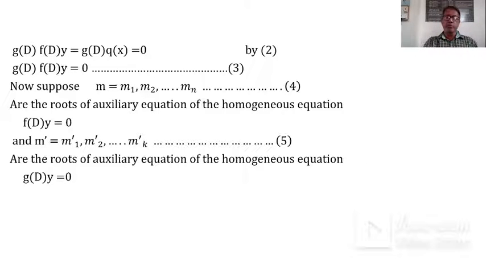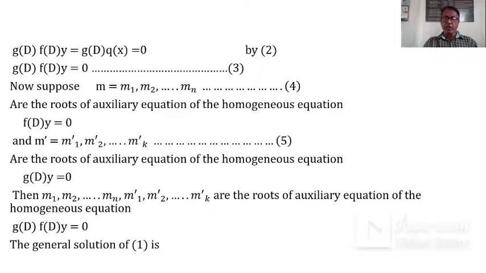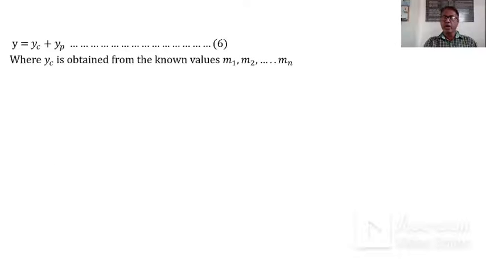Therefore, m1, m2, ..., mn and m1', m2', ..., mk' are all the roots of this homogeneous differential equation 3. Now, the general solution of the given non-homogeneous linear differential equation 1 is y = yc + yp, where yc is obtained from the known values of m1, m2, ..., mn.